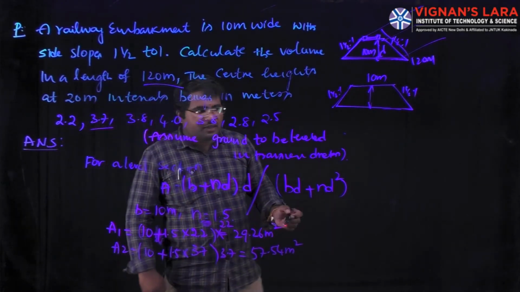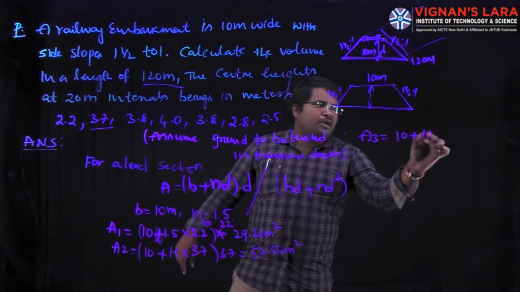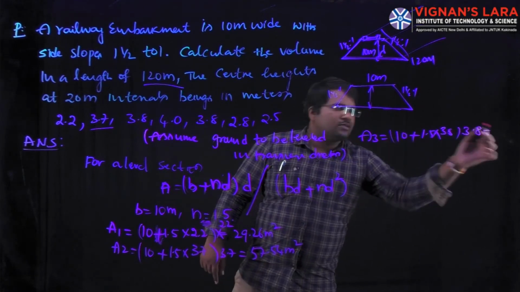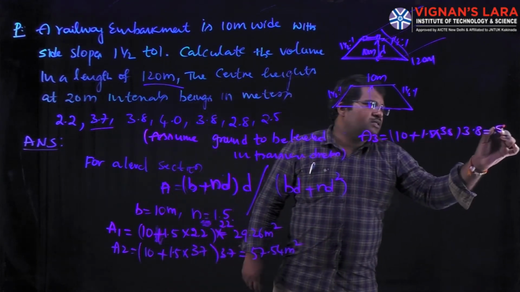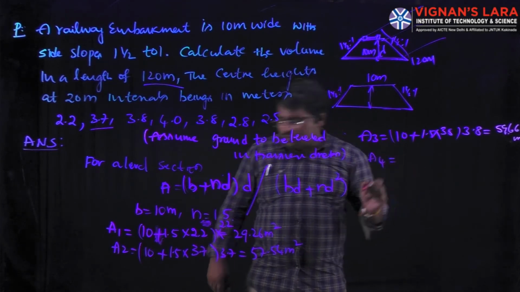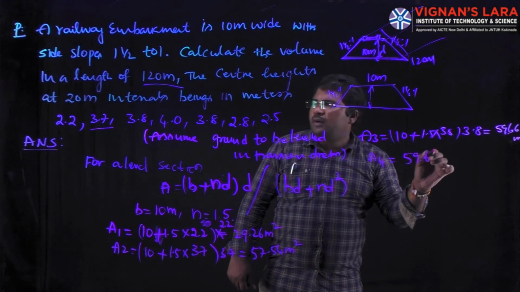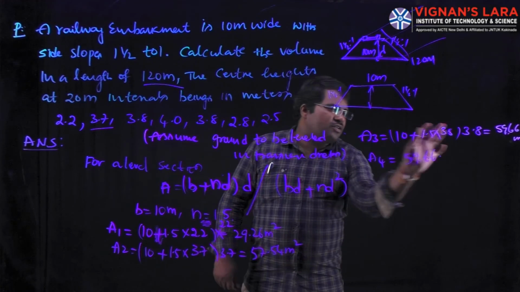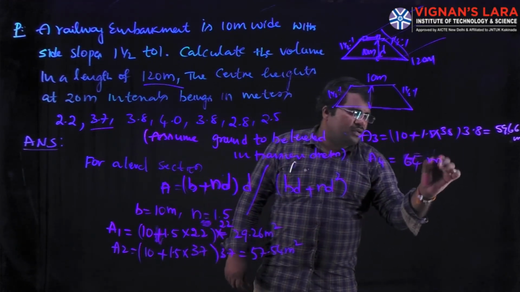Then we go for A3. A3 is 10 plus 1.5 into 3.8, into 3.8. This gives a value of 59.66 square meters. A4 is 64 square meters.